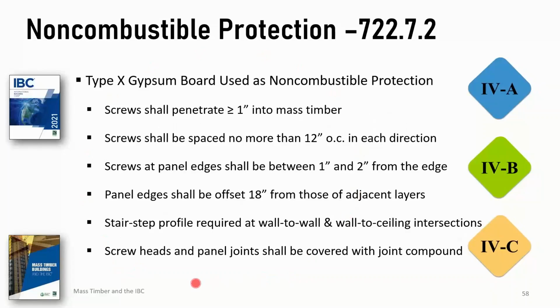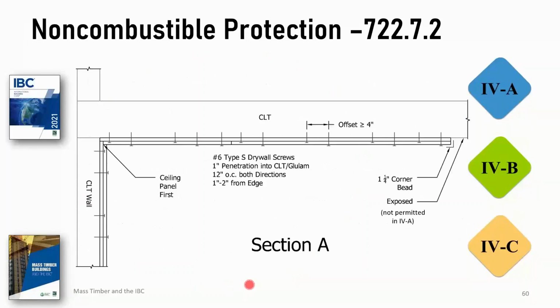And there's prescriptive provisions in the code for attaching the non-combustible protection. And for you code officials, this will be a plan review and inspection point, certainly, how the non-combustible protection is installed. You have minimum fastener sizes. You have minimum staggering of joints in each layer of the gypsum.